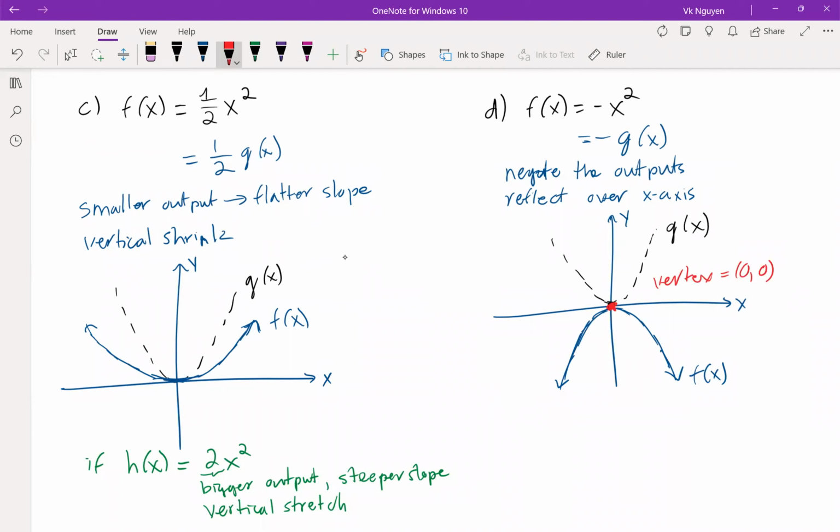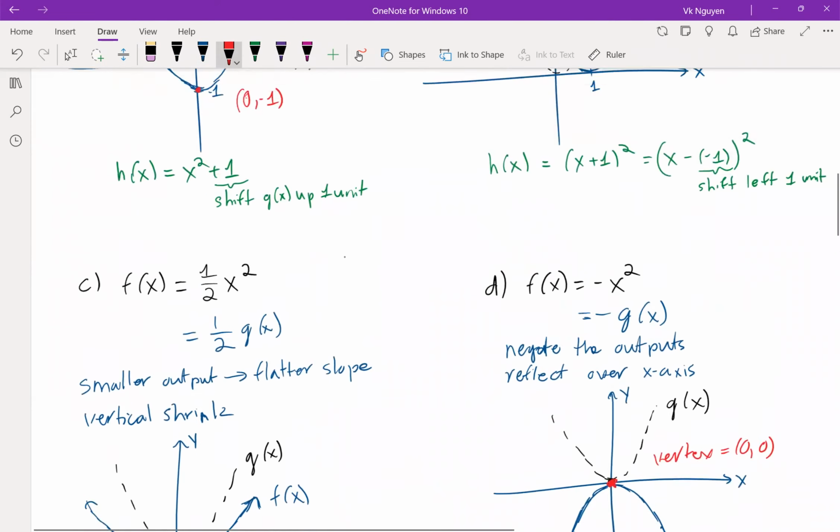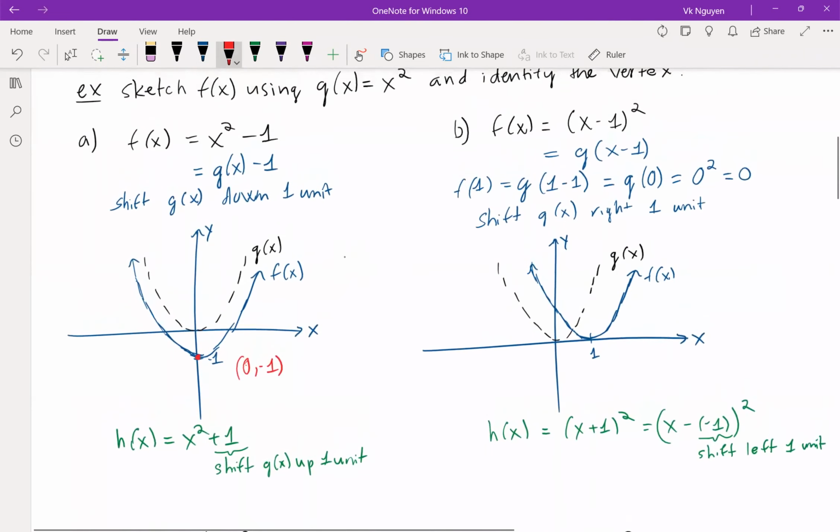When we do vertical shrink and vertical stretch, the vertex is the same, 0, 0. The vertex only changes when we do a shift up or down, shift left or right. Vertex is 1, 0, and vertex is 0, negative 1.